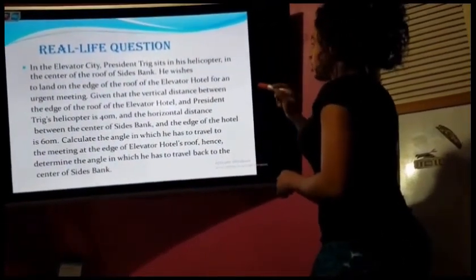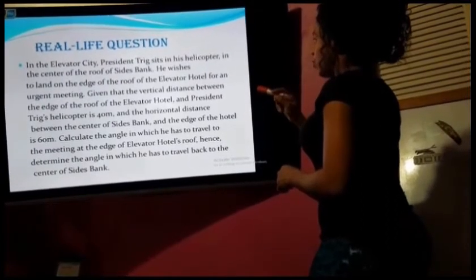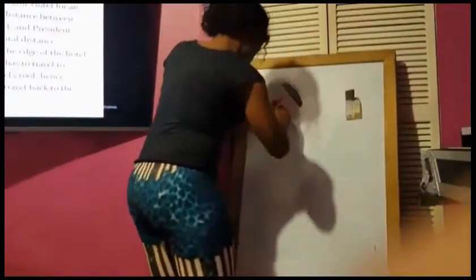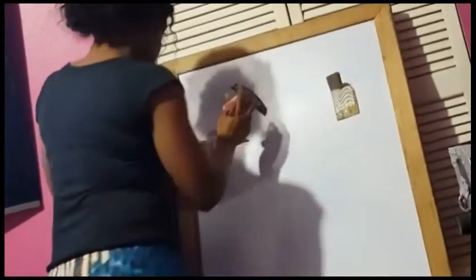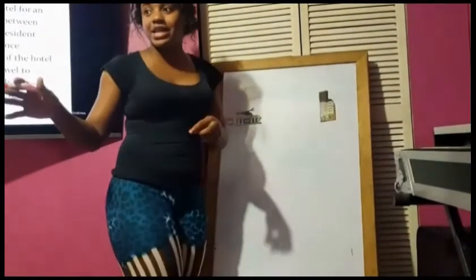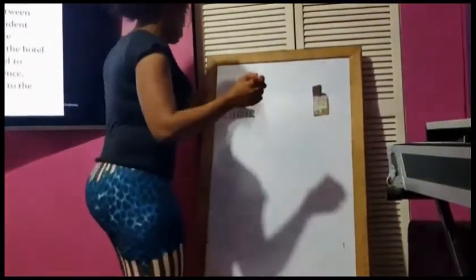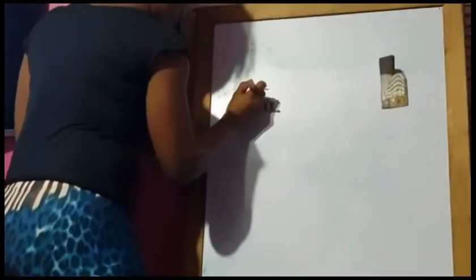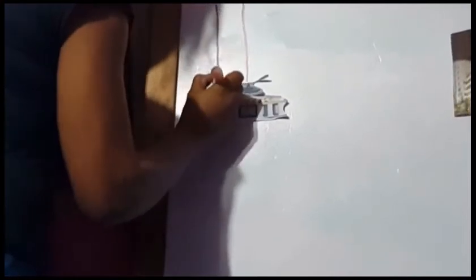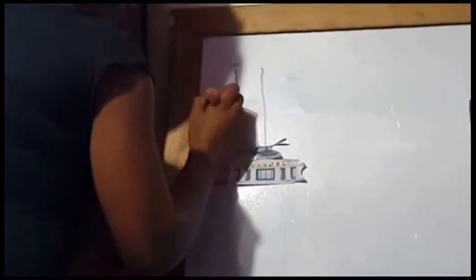Given that the vertical distance between the edge of the roof of the elevator hotel and President Trigg's helicopter is 40 meters. So it's a vertical distance, guys, especially Group C, of 40 meters. The vertical distance from the center, here to here, is 40 meters.